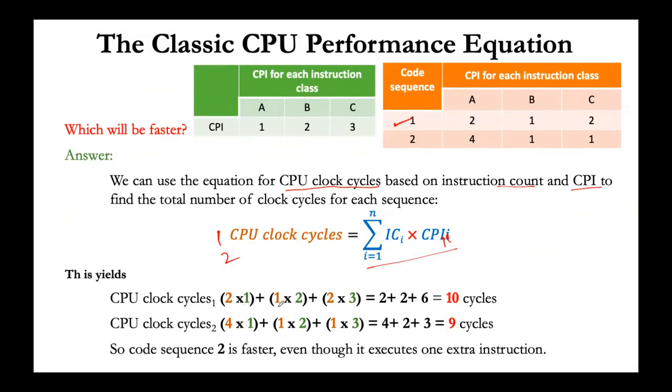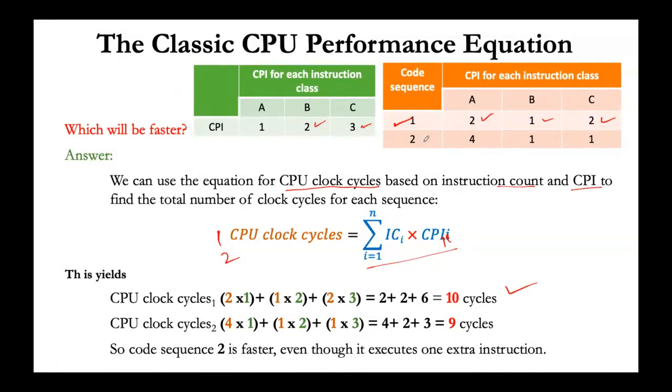For A, it takes 2 instructions at 1 cycle, then B multiplied with 2, and C multiplied with 2 for sequence 1. That is the number of instructions multiplied with the clock cycles. It gives a total of 10 cycles.